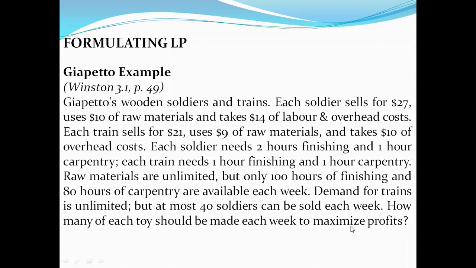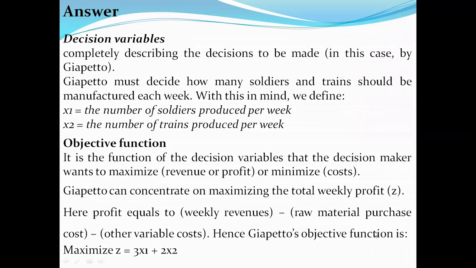So here the constraint has been given with respect to the profit. We have a clear idea that upon manufacturing these soldier toys, we have $3 of profit. Simultaneously, if we are manufacturing these trains, we have only $2 of profit.